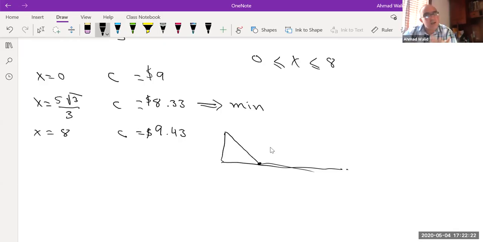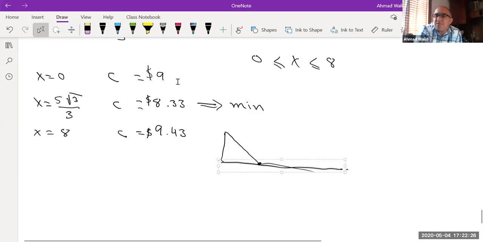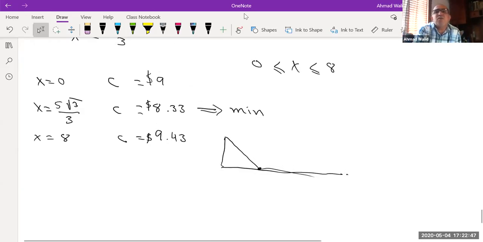You can find it that way also, but the easy way is using the first derivative, correct? Use the first derivative, set it equal to 0, that's it. The main problem is how to create your formula. You have to think how to create the formula. Then first derivative, set it equal to 0, critical points, endpoints, plug back into the function. It gives you the maximum or minimum point of your function.